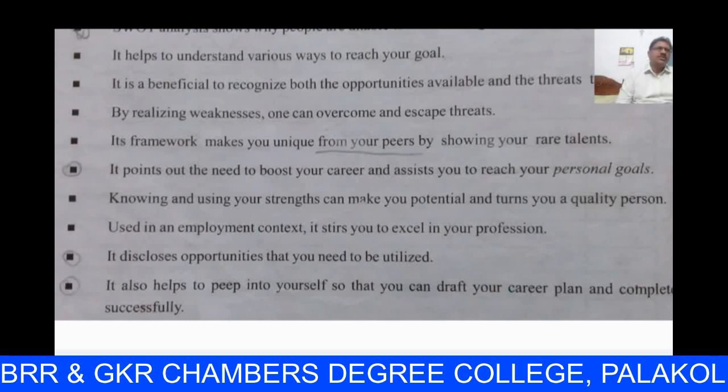So while you are studying the SWOT SWOC analysis, you must know what you are, how to achieve goals, how to change or challenge and face the problems. There are so many things.